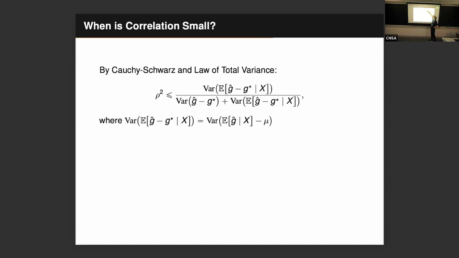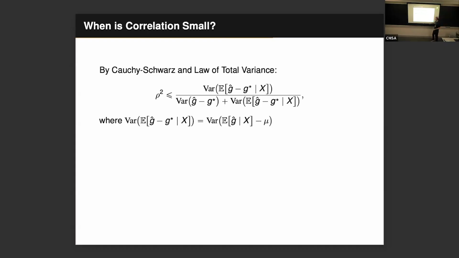So you can upper bound the correlation in terms of the variance of this conditional expectation of the rich view error given X divided by the sum of these variances. This variance here is the total variance, and this variance here is the variance of the conditional expectation where I'm conditioning on X.